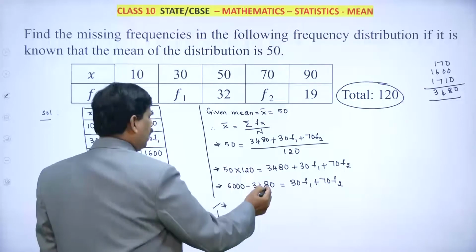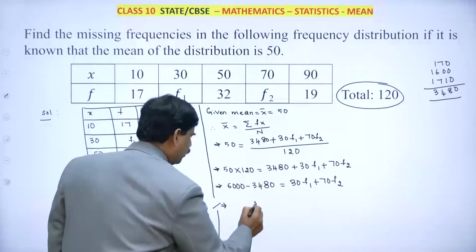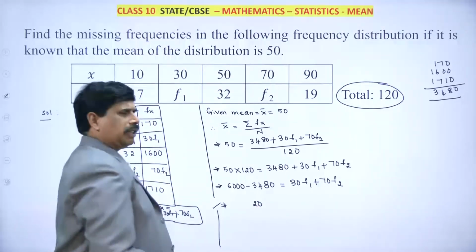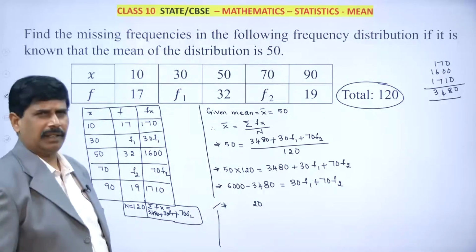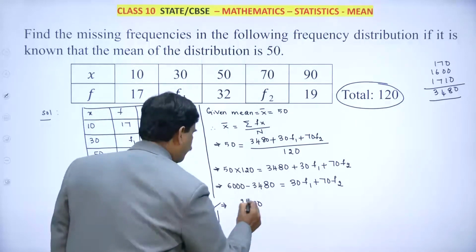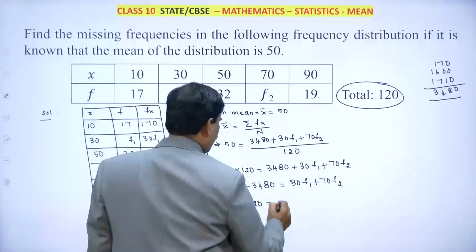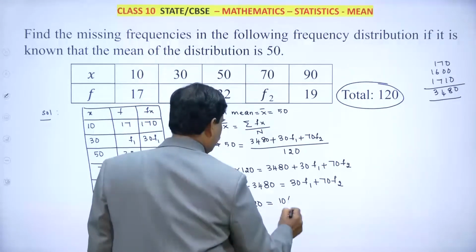So if you add 20, it will be 3500. So 6000 minus 3500 is 2500, so it is 2520. This is equal to, from here, children, I can take 10 common, right?